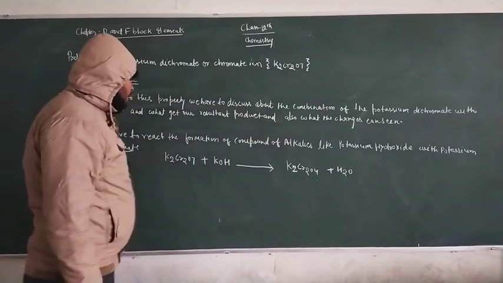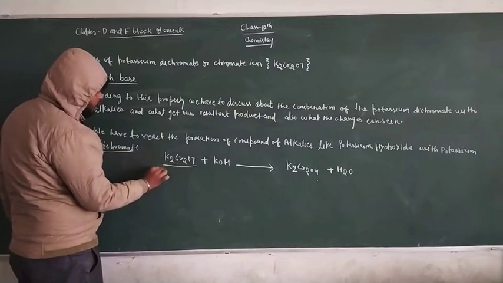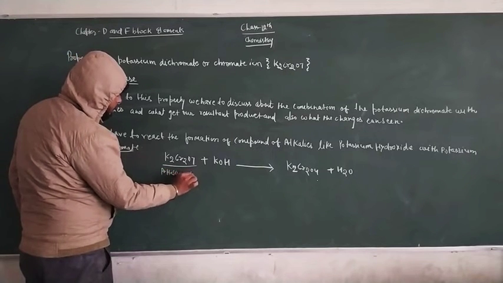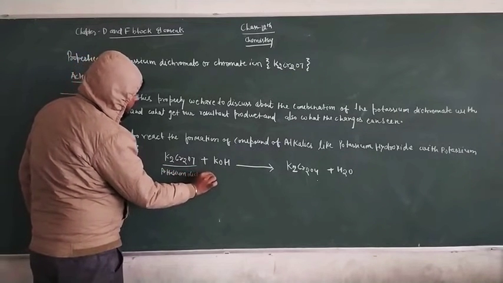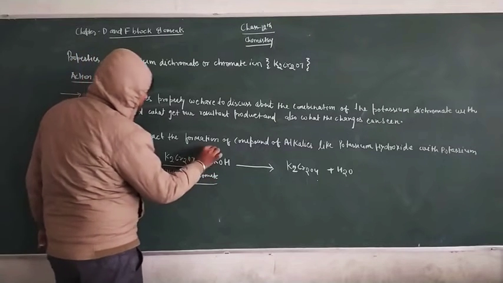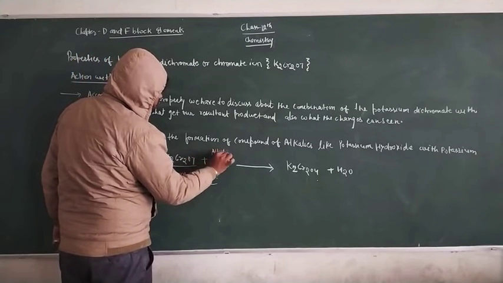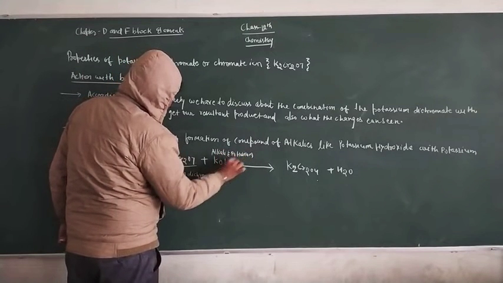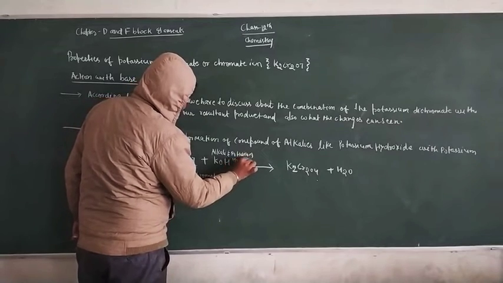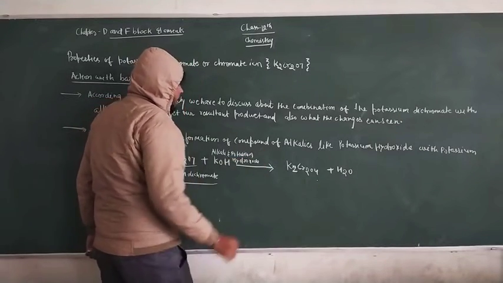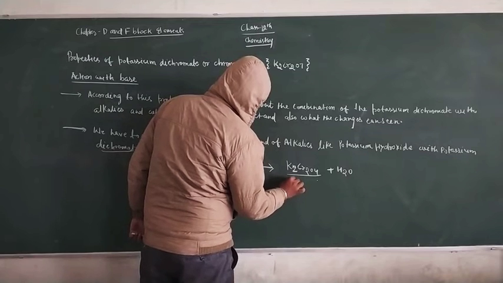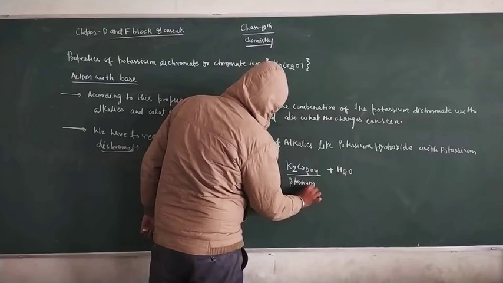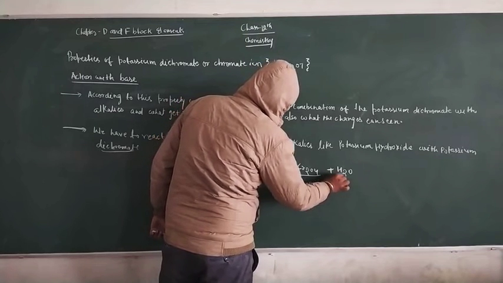So this is our potassium dichromate, this is our alkali, that means potassium hydroxide, and our resultant is potassium chromate and water.